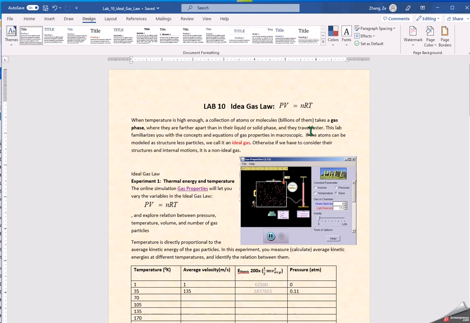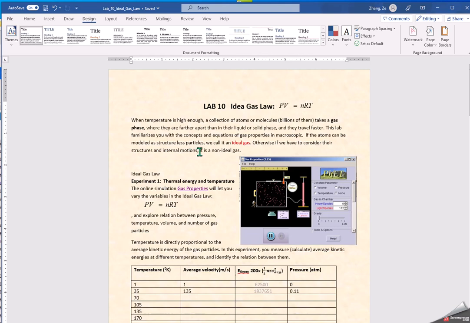And now, of course, that assumes it is ideal. If items can be modeled as structureless particles, and actually many gases qualify, we can call it an ideal gas. Otherwise, if we consider the structure or internal motion, it is a non-ideal gas.